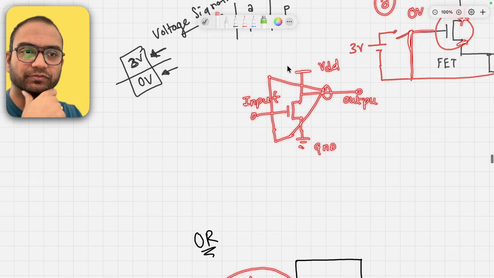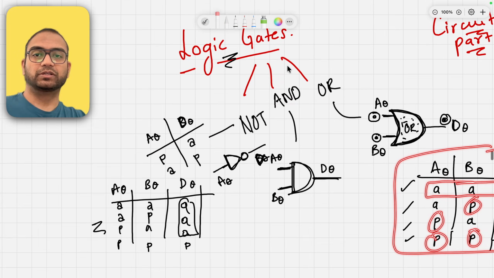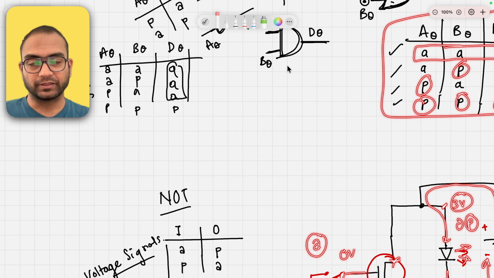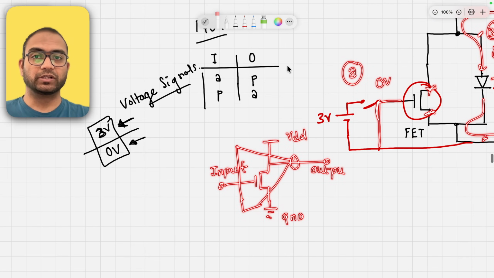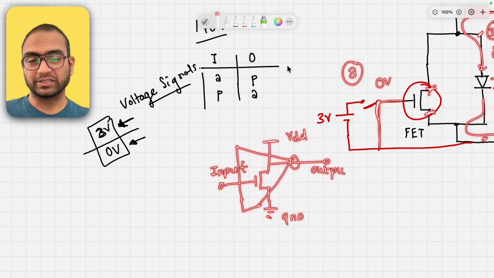Hopefully, I've managed to convince you that transistors, the FET in this case, can be used to implement the logical gates: NOT gate, AND gate, NOR gate. And the gates are what we use to then create digital circuits, circuits that obey Boolean algebra.